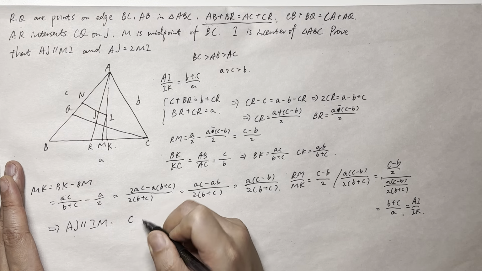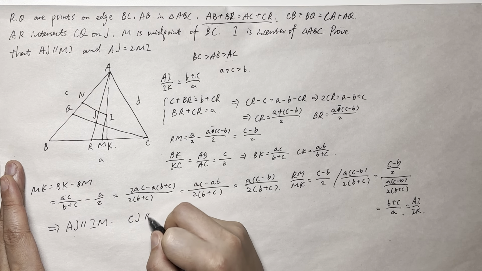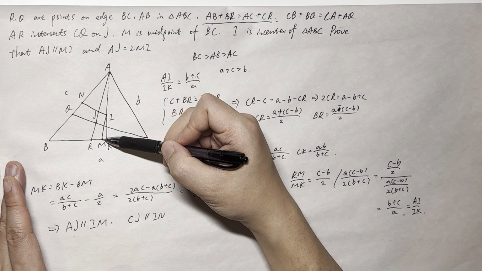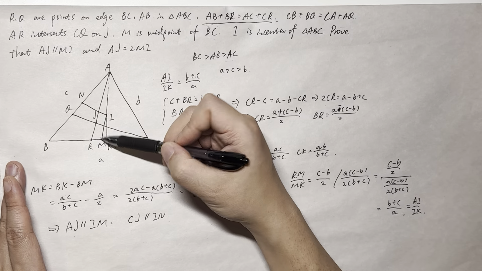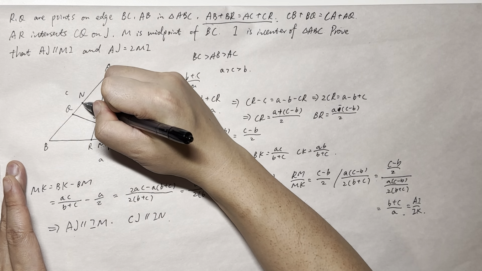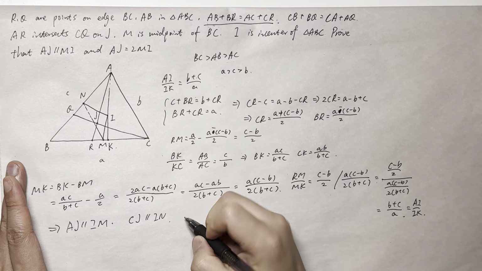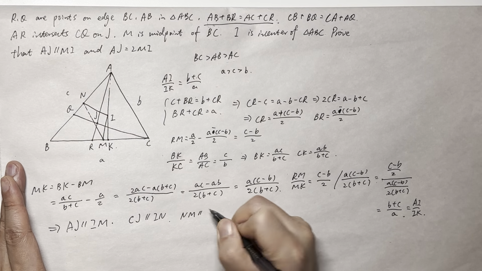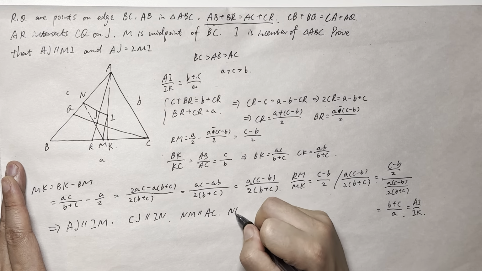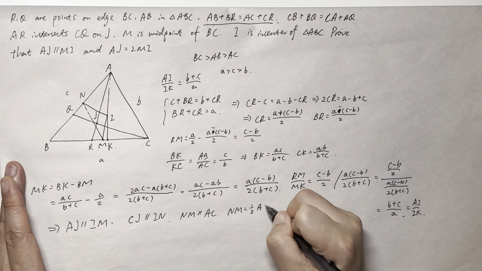So I'll just write it. CJ is parallel with IN. And because M is a midpoint of BC, N is midpoint of AB, so NM is parallel with AC, and NM equals half of AC, right?